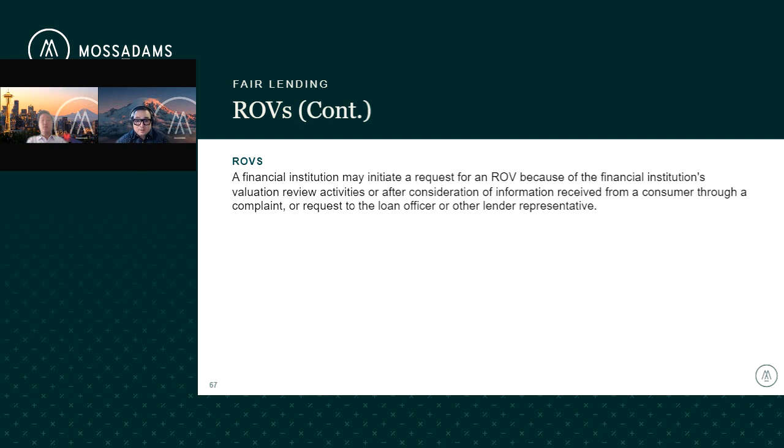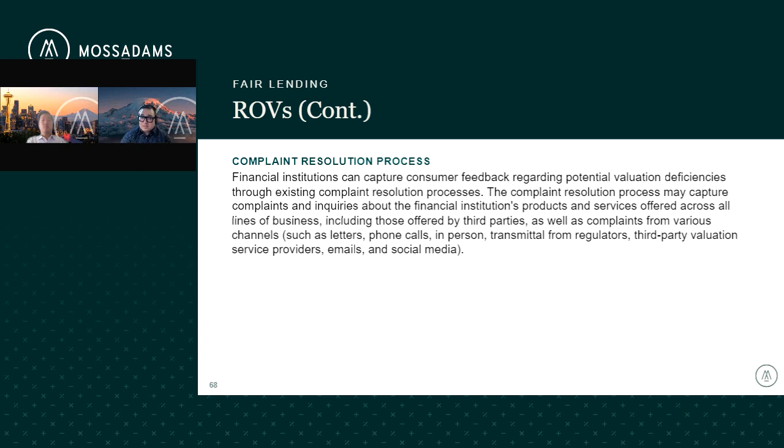Now, if you don't sell to the GSEs, it's definitely something to familiarize yourself with if you've not already. Essentially, the guidance said that a financial institution may initiate a request for a reconsideration of value because of the institution's valuation review or because they received a complaint from the consumer or from the loan officer. The guidance also said that institutions should have a complaint resolution process. This would, of course, be tied to your general complaint management process under your compliance management system.